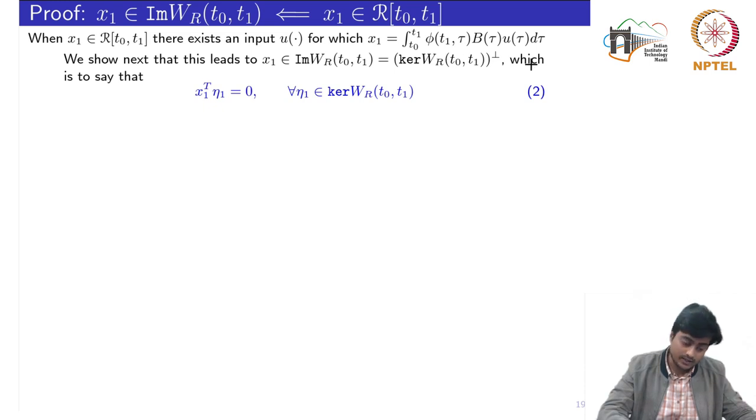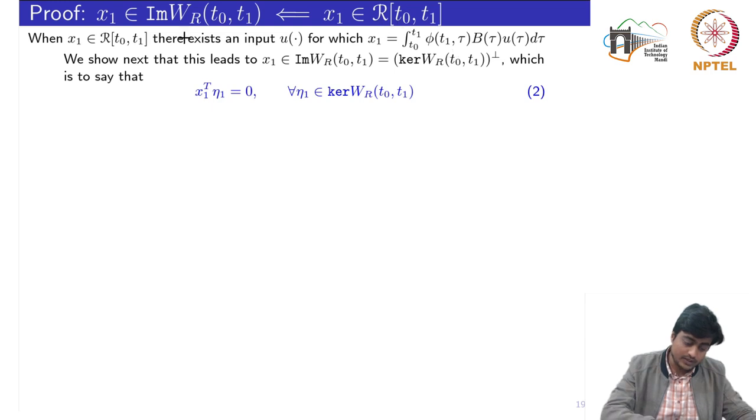Okay, so if x1 belongs to here, meaning to say that for all etas belonging to the kernel of the WR, it should satisfy x1 transpose eta 1 is equal to 0. We have directly borrowed this from the given definition and the fundamental results of the relationship between the kernel and the image.